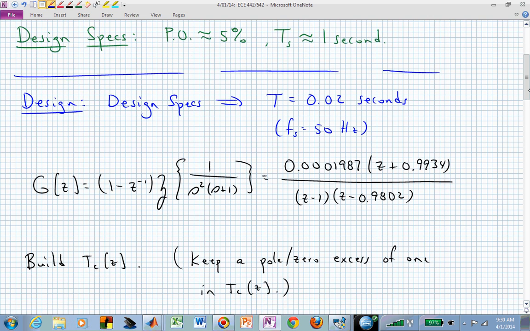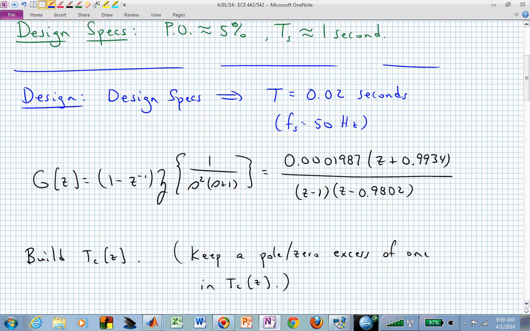In the approach of Ragazzini, we need to build this desired closed loop transfer function, capital T sub C of Z, and based on our G of Z, we realize that we need to have a pole zero excess in T sub C of Z of at least 1.